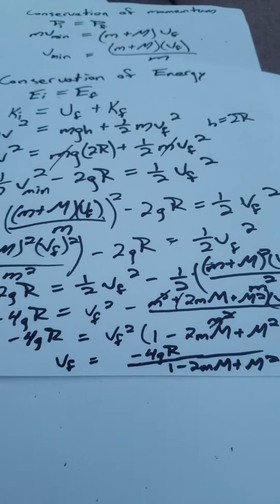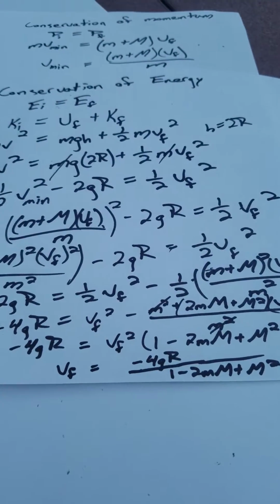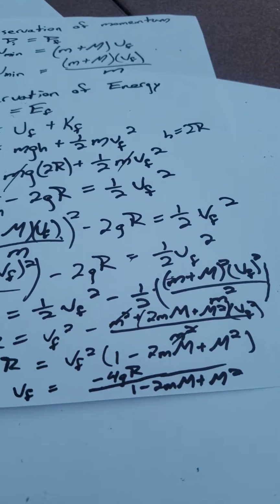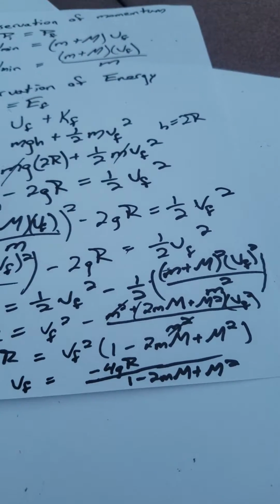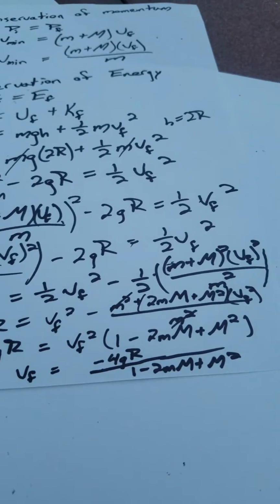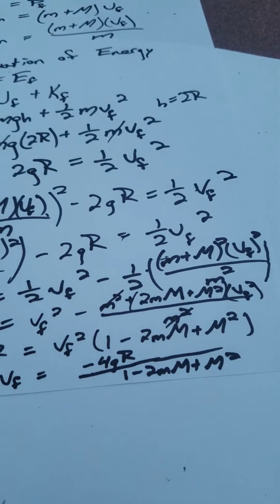You can cross out the lowercase m squared. So now you have negative 4gr equals vf squared times 1 minus 2 lowercase m times capital M plus m squared. And then you solve for vf, and you get negative 4gr over 1 minus 2 lowercase m capital M plus m squared.